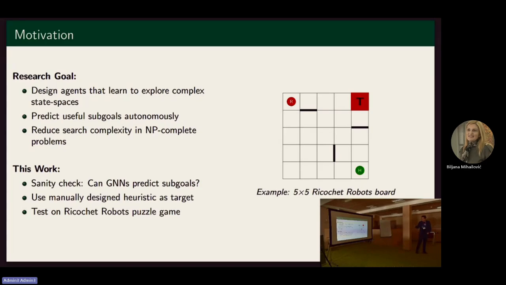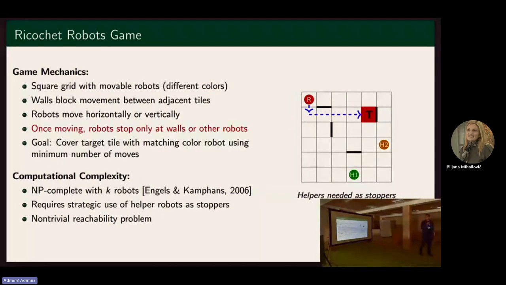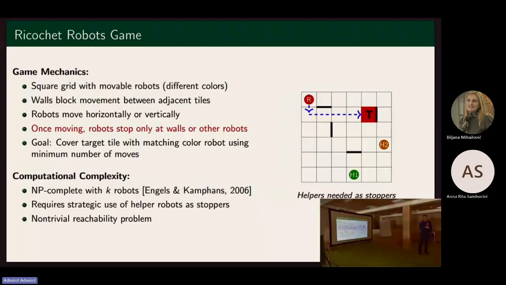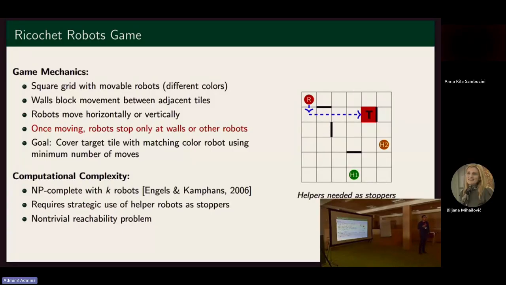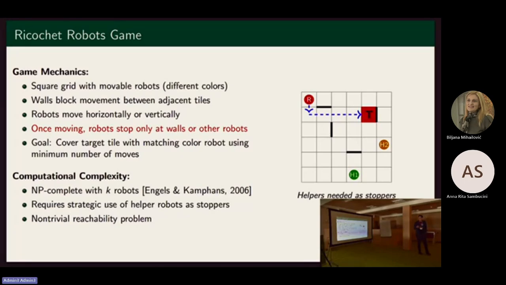On the right, you can see a simplified example of the game board where the goal of the red robot is to get to the red target square. Let me explain the game mechanics. Ricochet Robots is a game played on a square grid with multiple robots of different colors. There are walls that can block movement.